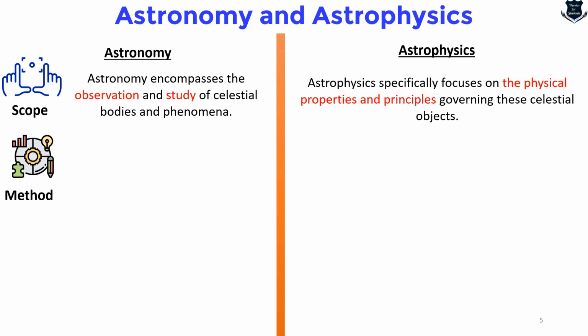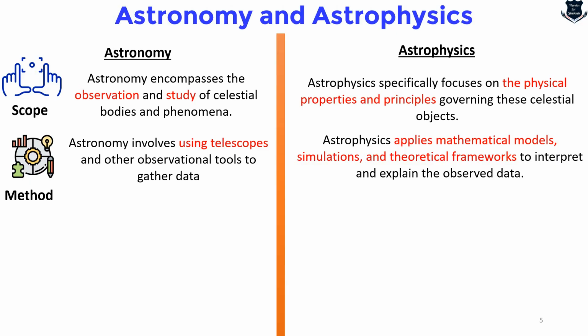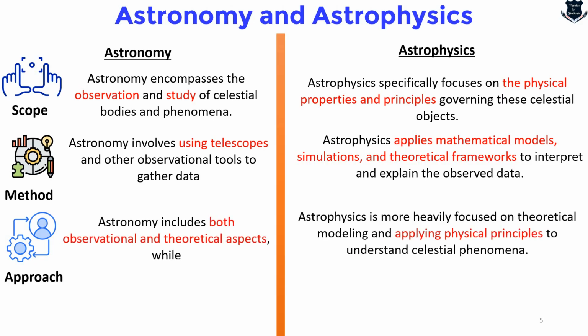If I go by the method, astronomy uses telescopes and other observational tools, and in astrophysics a lot of mathematical models, simulations and other theoretical frameworks are used. If I go by the approach, astronomy includes both observational and theoretical aspects, while astrophysics mostly focuses on theoretical modeling and applying physical principles to understand these physical phenomena.